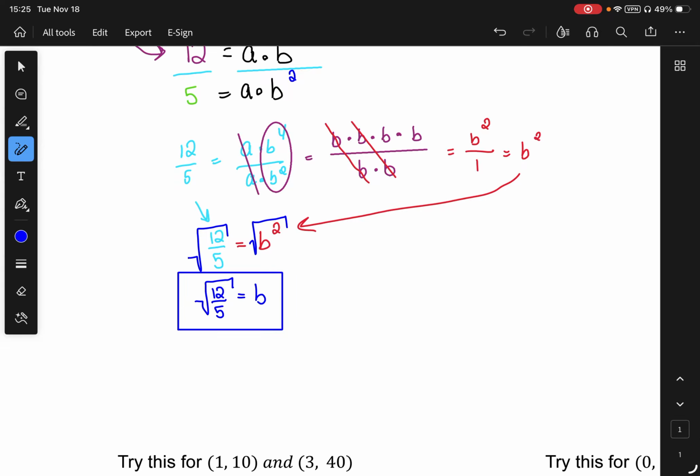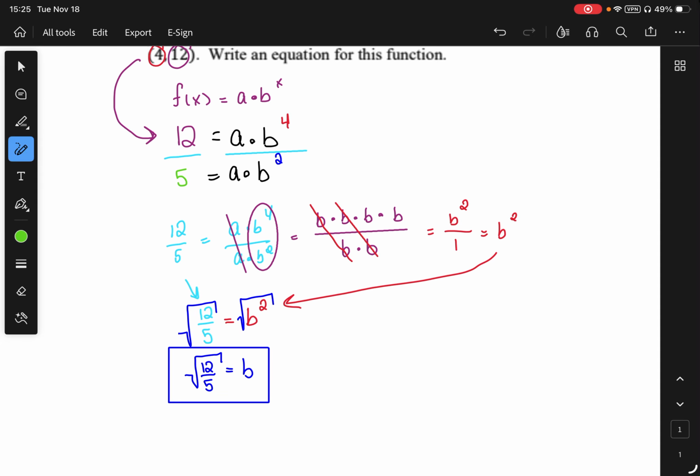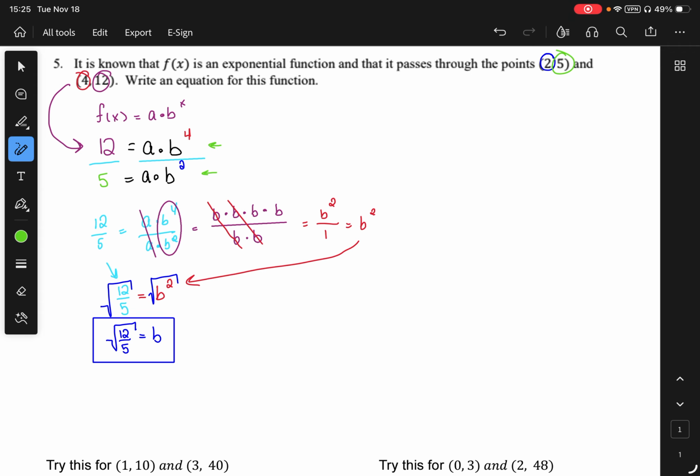Now that we found our b, what we're going to do is plug our b into one of our equations from above. So either 12 equals a times b to the 4th, or 5 equals a times b squared. I'm going to pick 5 equals a times b squared. It's just a bit easier, cleaner numbers. So we have 5 equals, we don't know what a is.